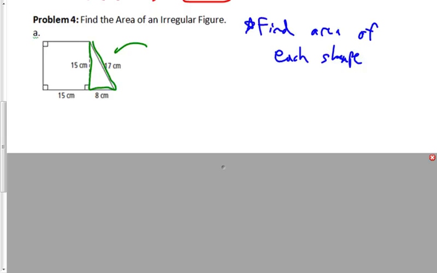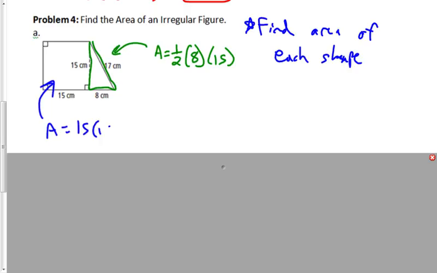So the area of the triangle is 1/2 times 8 times 15. And the area of the square is 15 times 15. And if we add those up, we get the area of the whole figure. So 15 times 15 is, I believe, 225. And this would be 60, I believe.